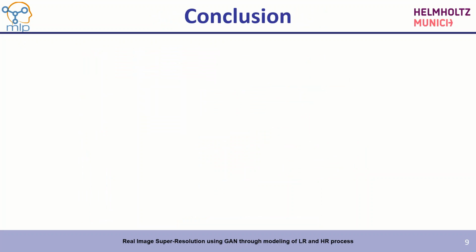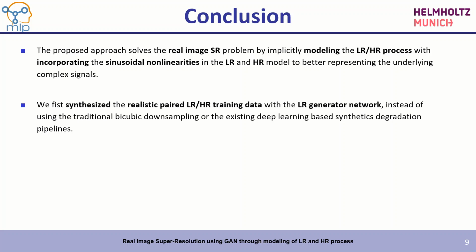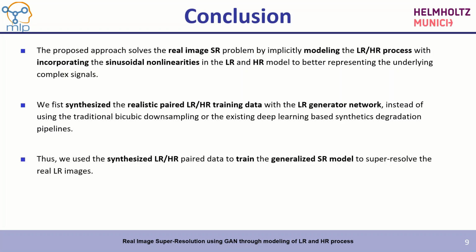So we conclude our presentation with the following remarks. The proposed approach solves the real SR problem by implicitly modeling the LR and HR process, incorporating the sinusoidal nonlinearities in the HR and LR models to better represent the underlying complex signals. We first synthesize the paired realistic LR and HR training data with the LR generator network instead of the traditional existing synthetic data generation techniques.